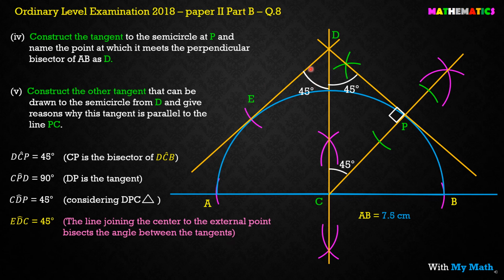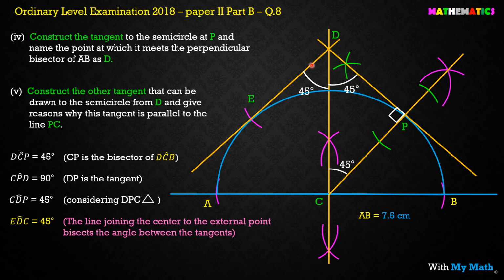These tangents are DE and DP. The angle between the tangents means this angle, so this angle is bisected by DC. Then what about this angle? We have earlier proved that one as 45, so this should be 45 degrees. So we have done with it now.